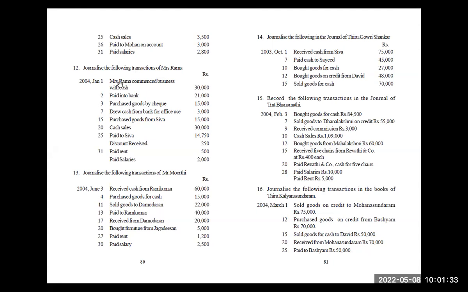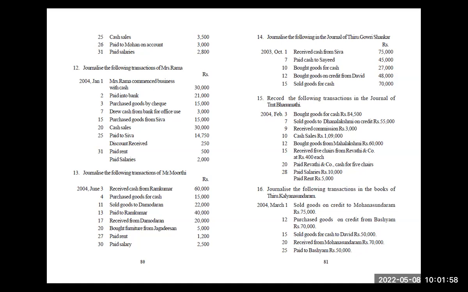Okay, 14th question, the answer. First one, October 1st. Cash account debit 75,000 to Shiva's account 75,000 being cash received from Shiva. Next, 7th October.